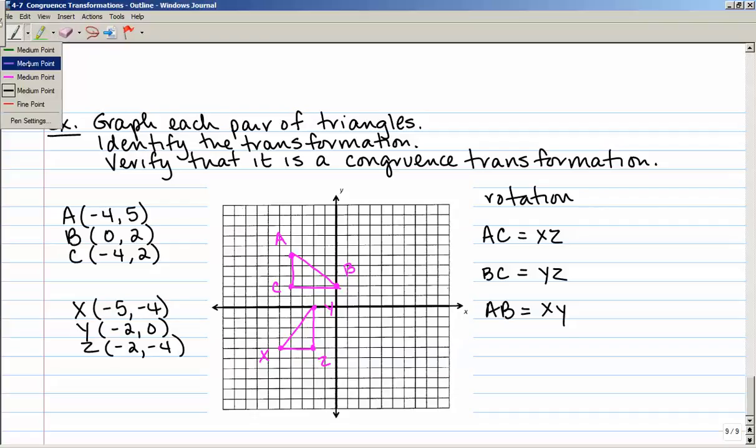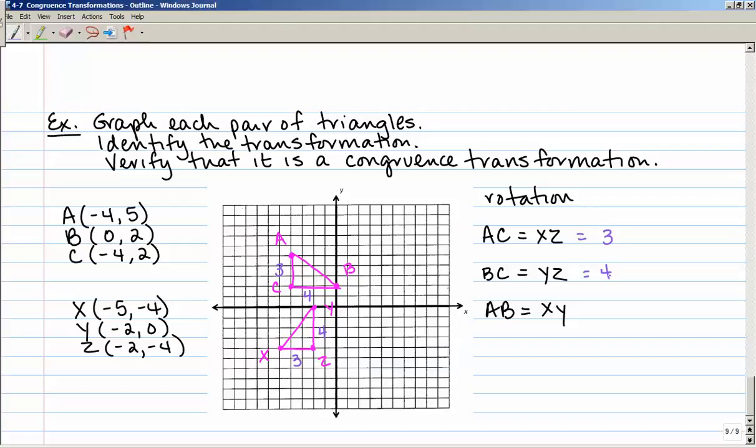And maybe since most of these are pretty straightforward, AC is 3. AC corresponds to XZ, which is also 3. So both of those segments are 3. BC is 4. And YZ is also 4.